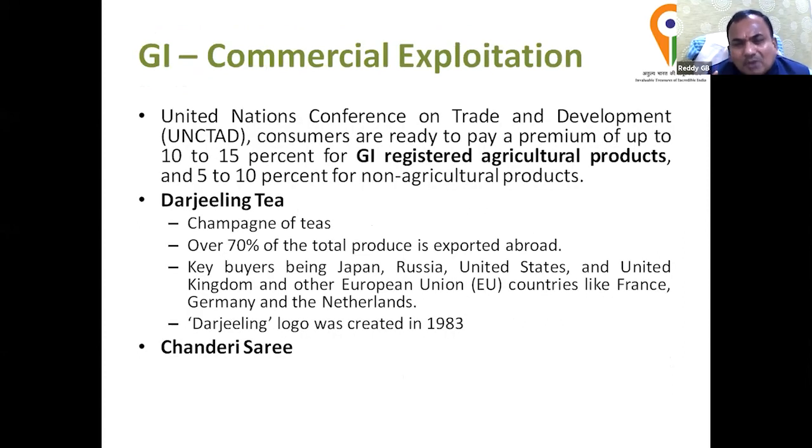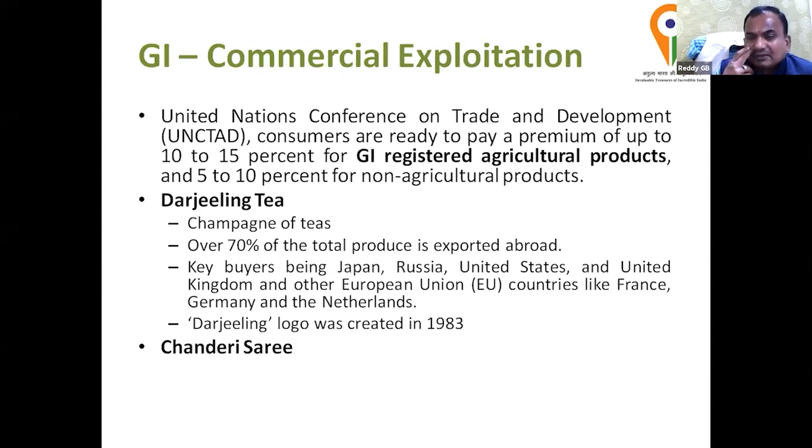Then another point, we are talking about the commercial exploitation of intellectual property, especially geographical indications of goods. You can see that UNCTAD, that is the United Nations Conference on Trade and Development, found in one of its studies that consumers are ready to pay a premium of up to 10 to 15% for GI registered agricultural products.